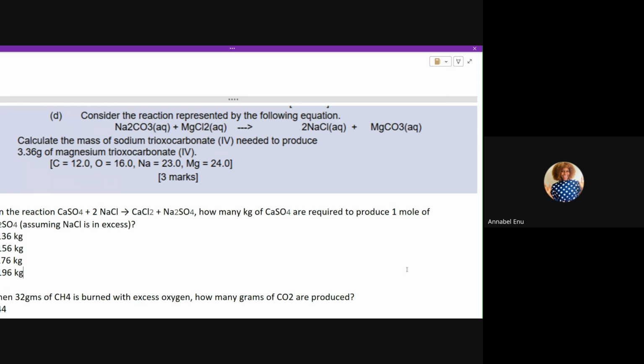Has anyone gotten the answer? Winner, you said you did not see my screen. Can you see my screen now? You still can't see my screen. Melody, can you see my screen?